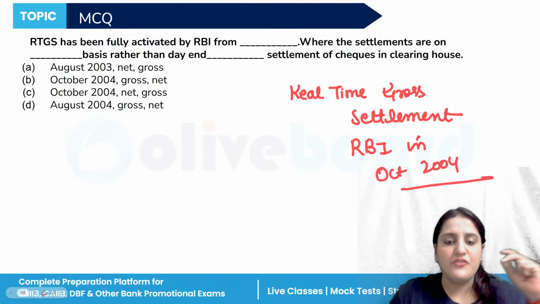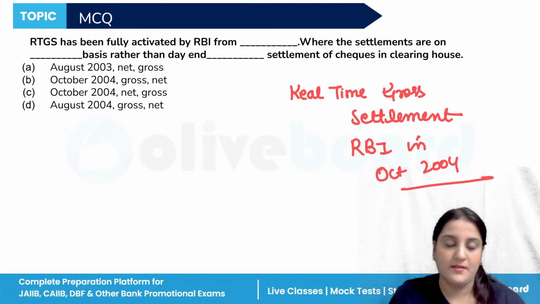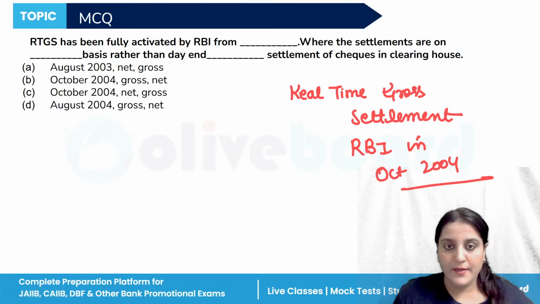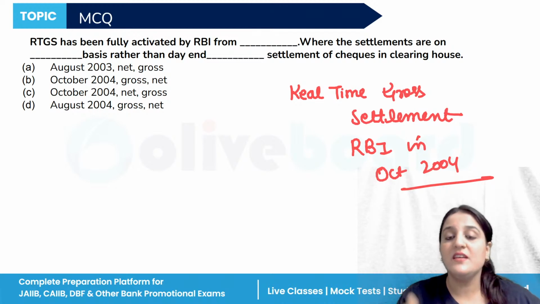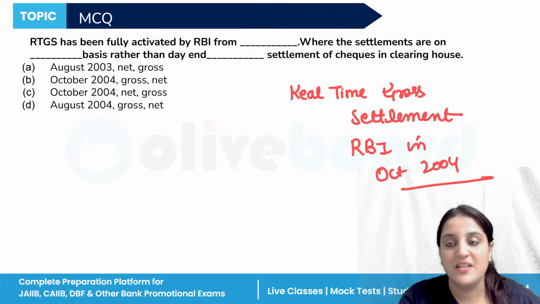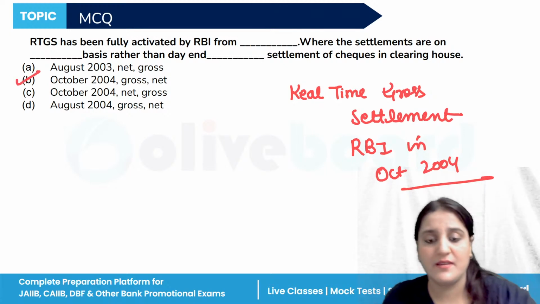This means transactions are settled on a gross basis, in contrast to the net settlement of checks in the clearing house. That means our option B is correct.